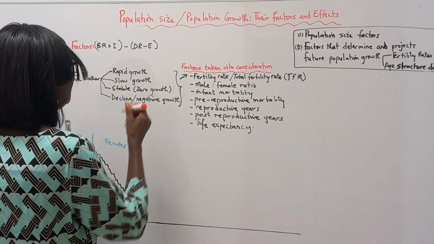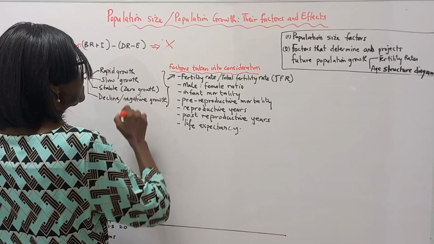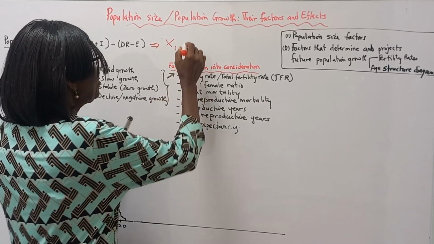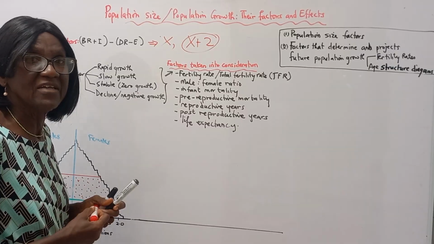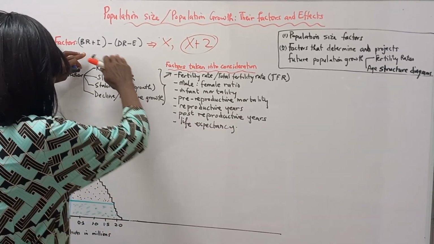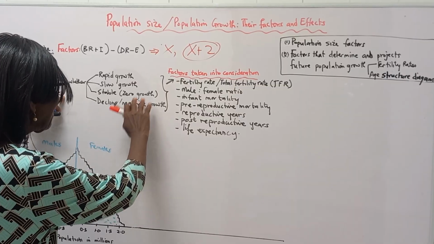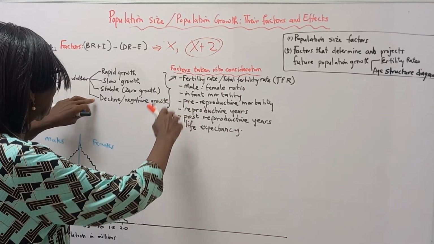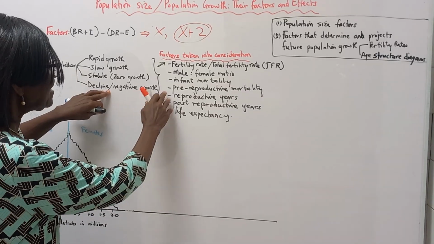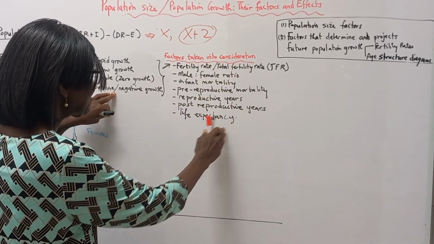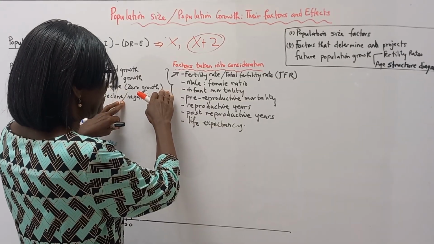For instance, if 3 years ago the population size is X and this year the population size is X plus 2, then we can say the population has grown. But these factors alone cannot determine whether the population is growing rapidly or slowly, or is stable or in decline. So we are going to analyze these factors to be able to determine this.